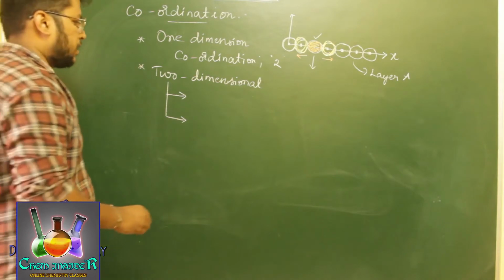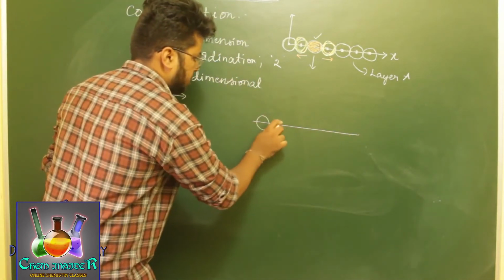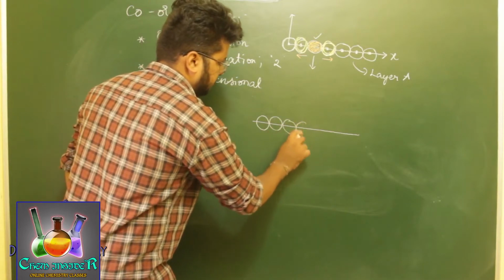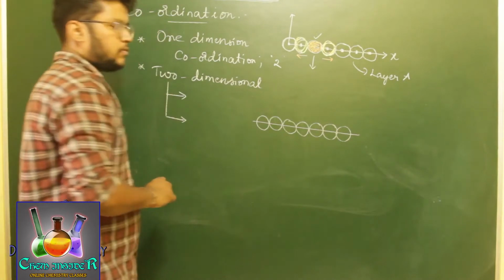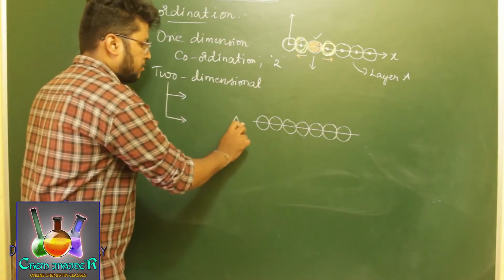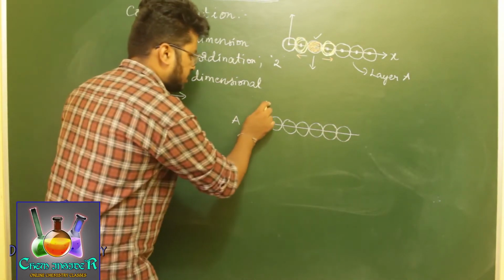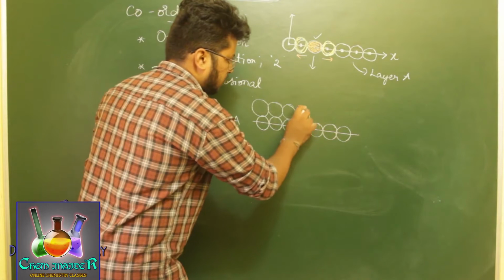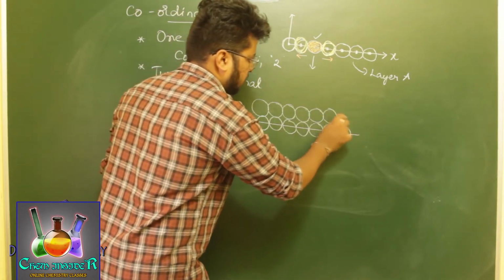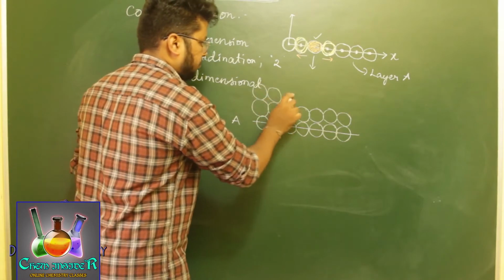Okay, so let us say this is our first layer. We have arranged the atoms like this. This is layer A and we are taking a replica of layer A and placing it just over it like this. If you want, we can arrange one more over it.